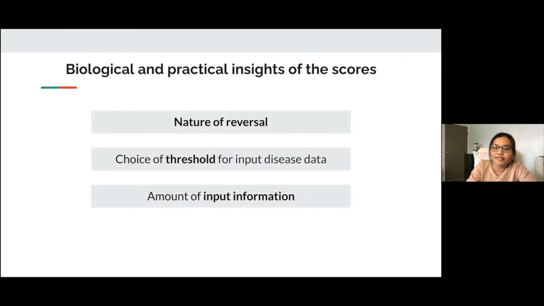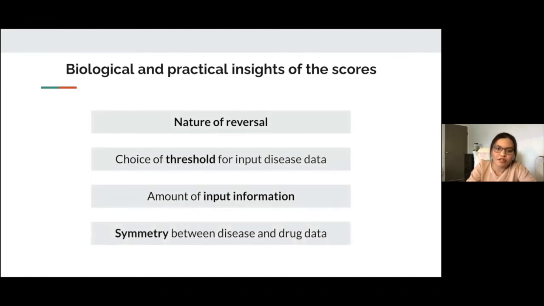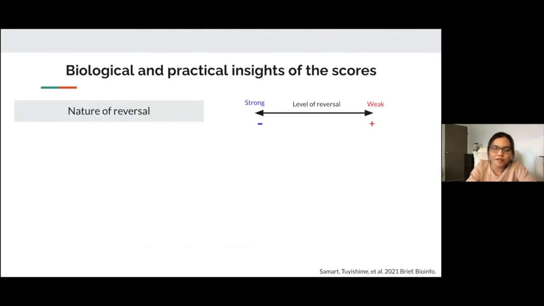The third is the amount of input information. And then we will talk about the symmetry between disease and drug data. For the nature of reversal, we found that a stronger reversal relationship between disease and drug can be determined by a more negative connectivity score.